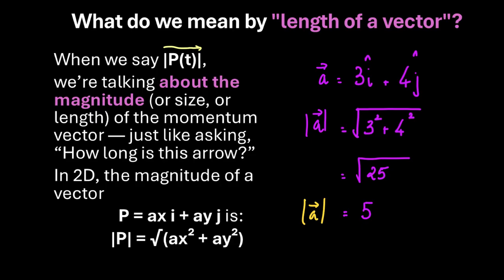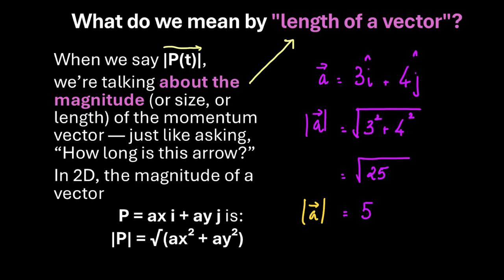So basically, if we were to draw one vector like this, the length of this vector is what we call the magnitude of the vector, which literally would mean how long is this arrow.